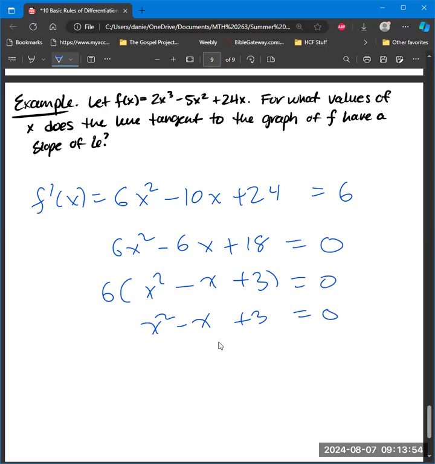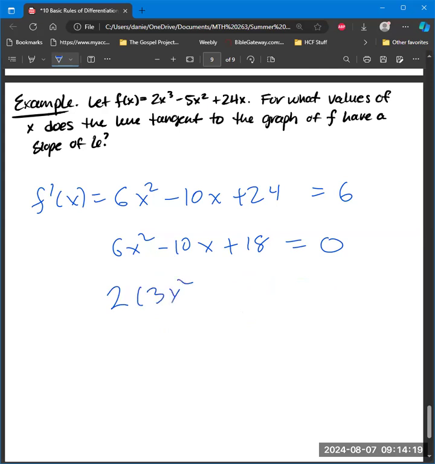This should have been a 10x. That's my bad. This would have been 2 times 3x squared minus 5x plus 9.